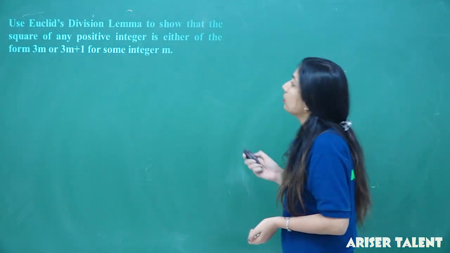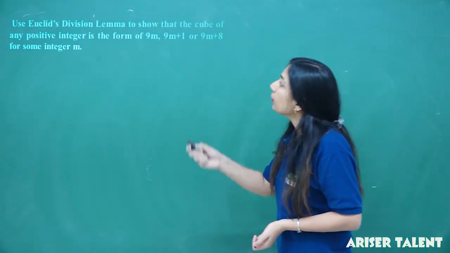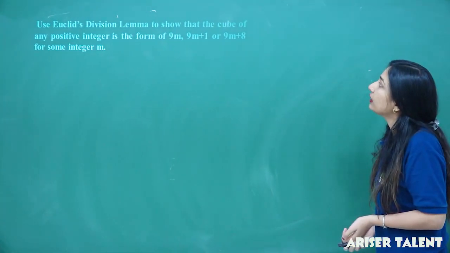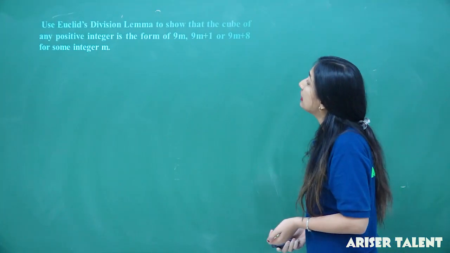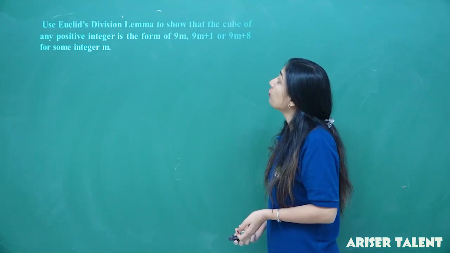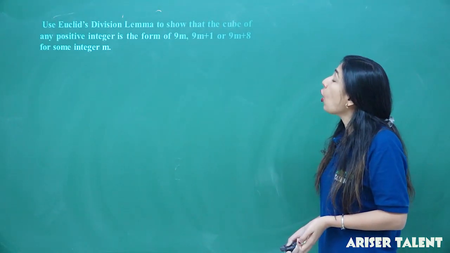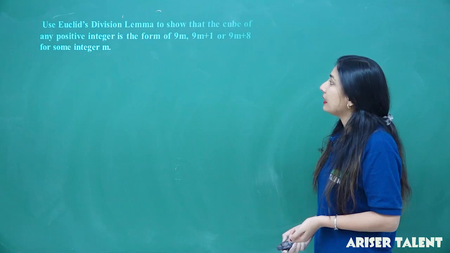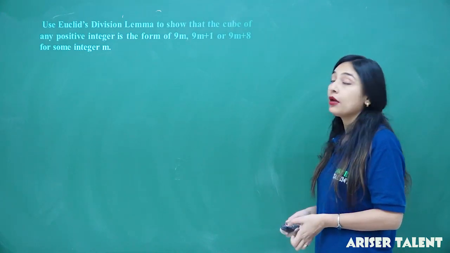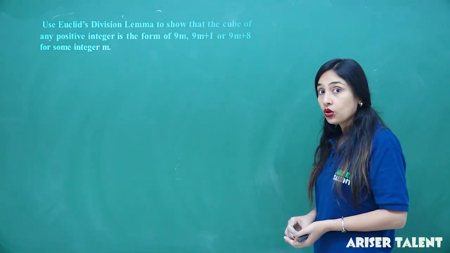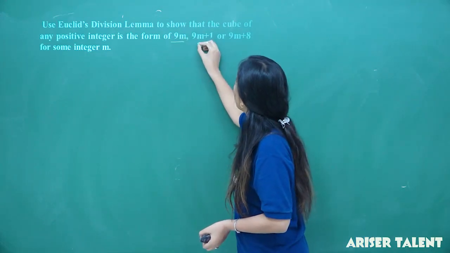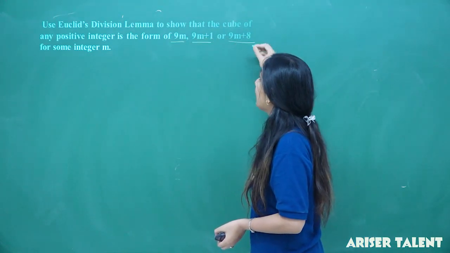Okay students, the next question is: use Euclid's lemma to show that the cube of any positive integer is of the form 9m, 9m plus 1 or 9m plus 8 for some integer m. Look at this: 9m, 9m plus 1, 9m plus 8.